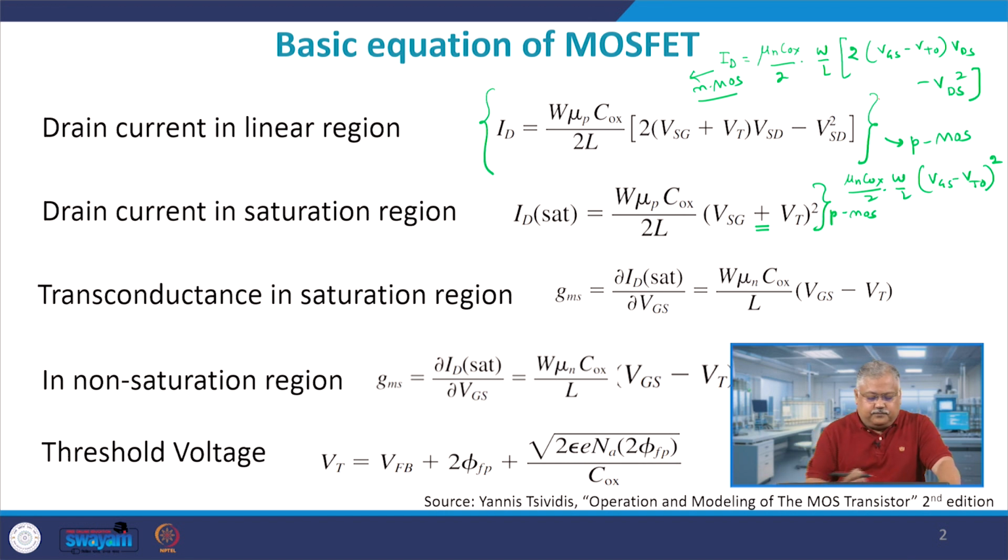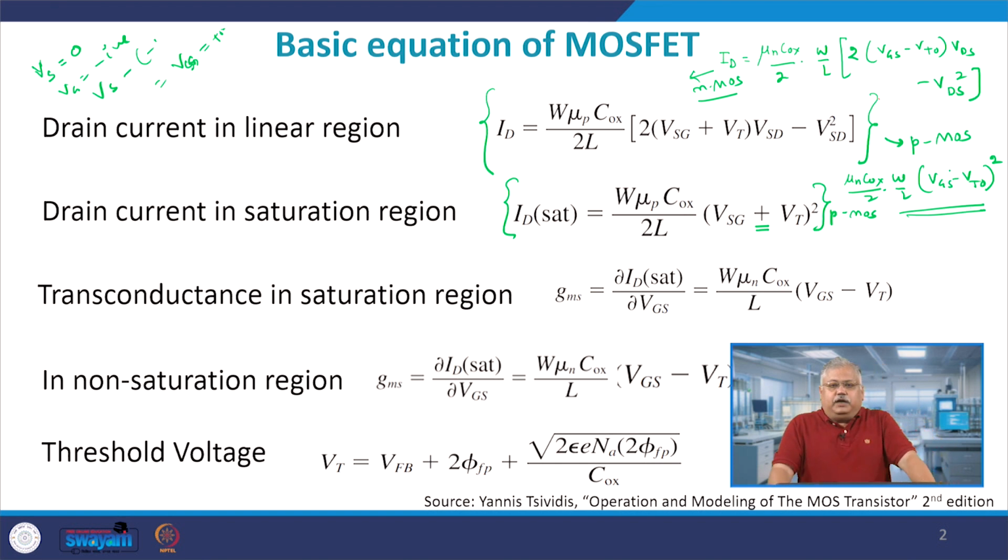Why? Because source voltage will always be equal to 0, and gate voltage will be negative. So, when you subtract this, minus of minus Vg, VSG will always be a positive quantity. So, that is the reason. This is for PMOS, and this is for NMOS which you see.